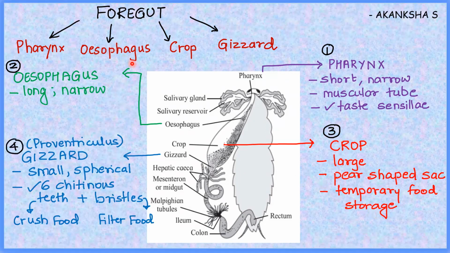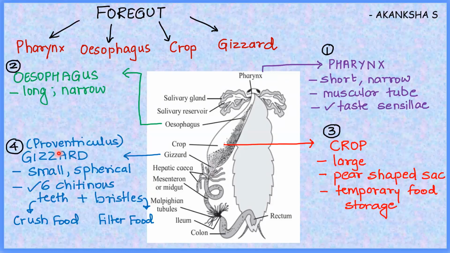Lastly, the fourth part of the foregut is the gizzard. It is called the proventriculus. In scientific terms, ventriculus means stomach, and proventriculus means a section just before the stomach.